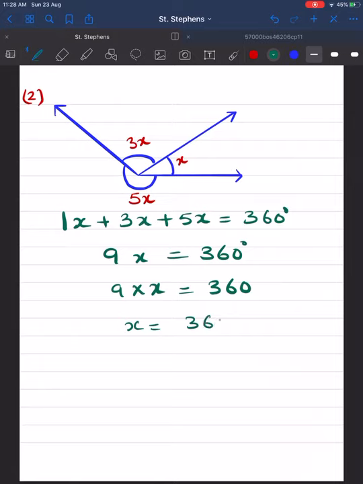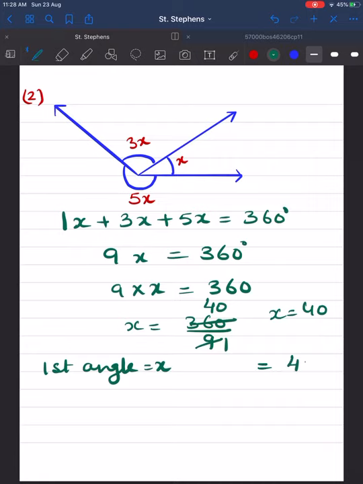So here we have x is equal to 360 upon 9. 9 ones are 9, 9 40s are 360. So here x is equal to 40. So let's write the measure of all the three angles. So first angle is x and its measure is 40 degree.